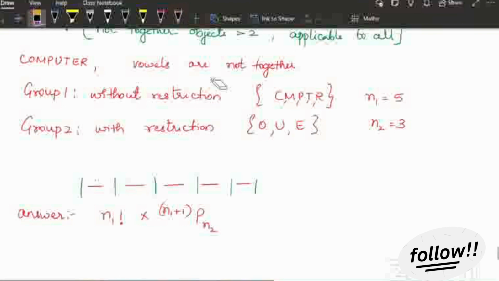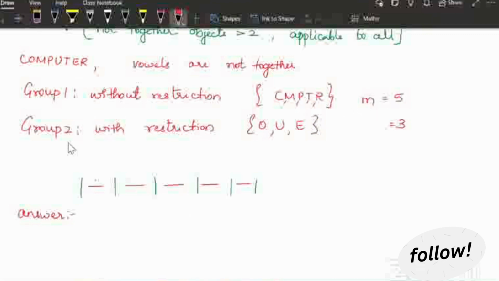Remember clearly, if this n1 and n2 is confusing, you can write it as m and n. Number of objects without restriction, we will take as m. Number of objects with restriction, you will take as n. So the answer is m factorial. That is, without restriction objects, you first arrange them, and then there are m plus 1 alternate positions. In this, we will pick n positions and we will arrange the letters. Okay. It is m factorial into (m plus 1)Pn.